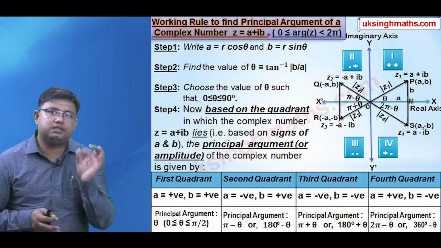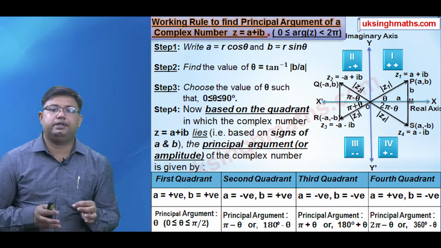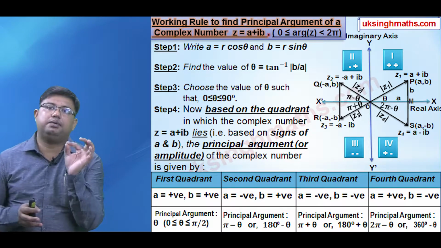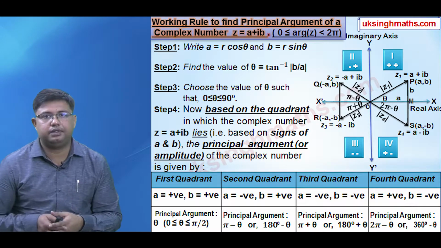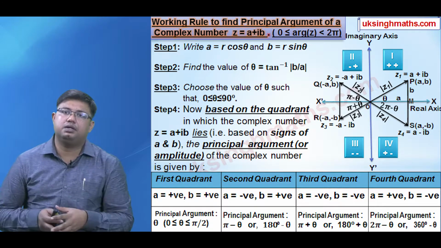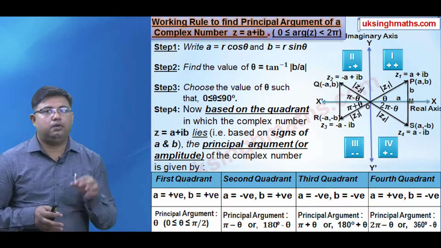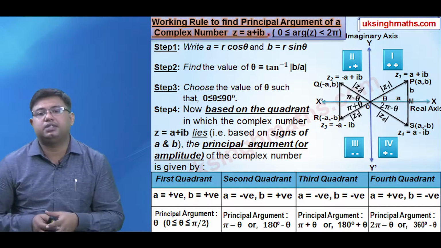Suppose your complex number lies in the third quadrant, so here the real part will be negative and the imaginary part b will also be negative. Here the principal argument of the complex number will be given as π plus θ or 180 degrees plus θ.